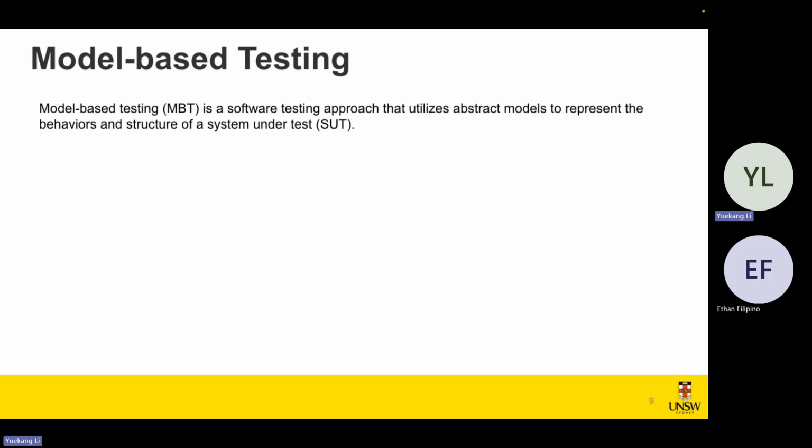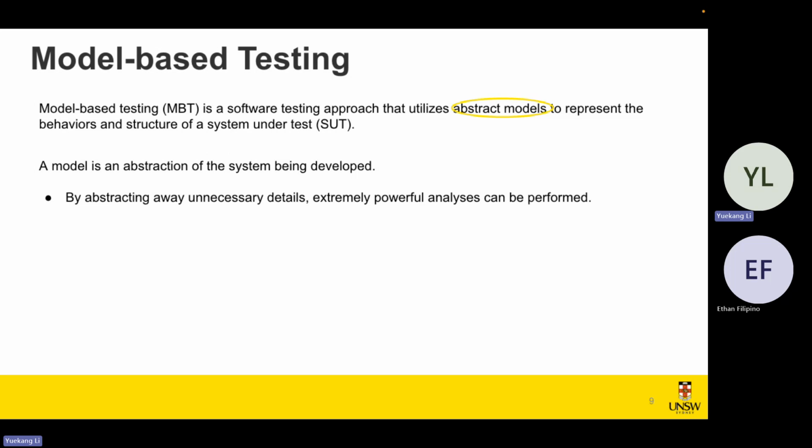So model-based testing is a family for functional testing. And as indicated by the name, we utilize abstract models for guiding the testing process. And the reason for doing this abstraction using the model is that we can model the system into some specific type of models, right?